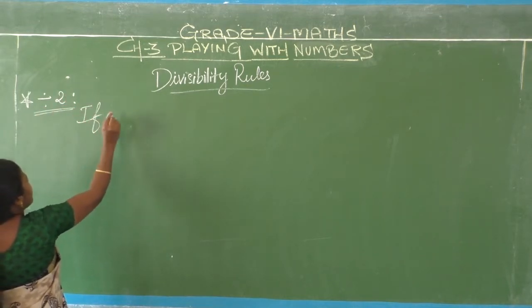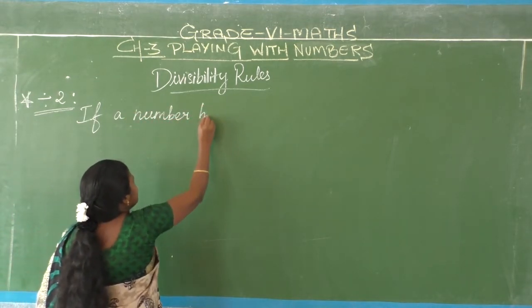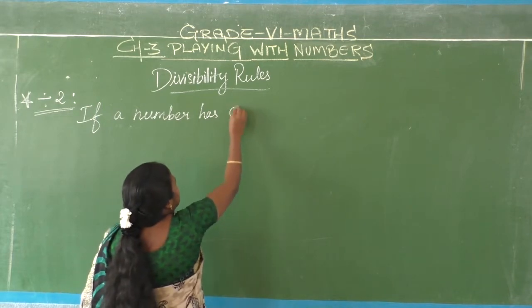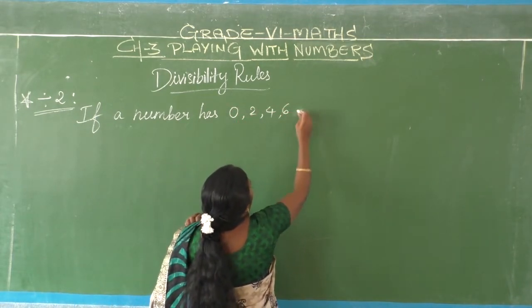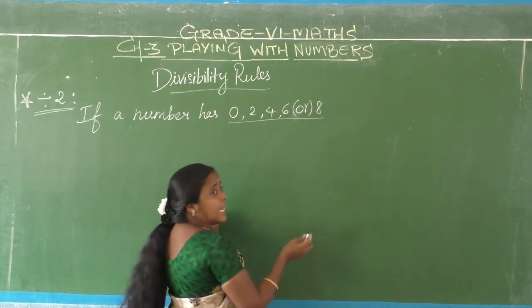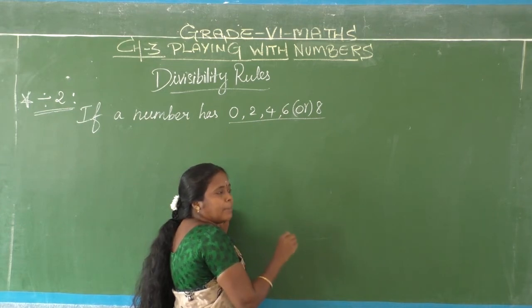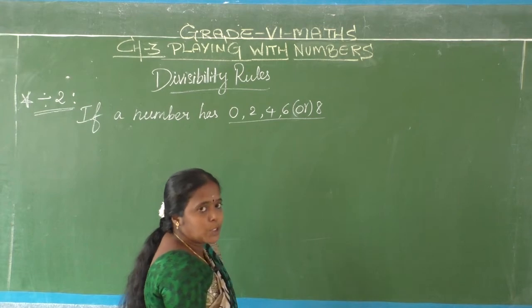If a number has 0, 2, 4, 6 or 8, any one of these, in its ones place, then it is divisible by 2.